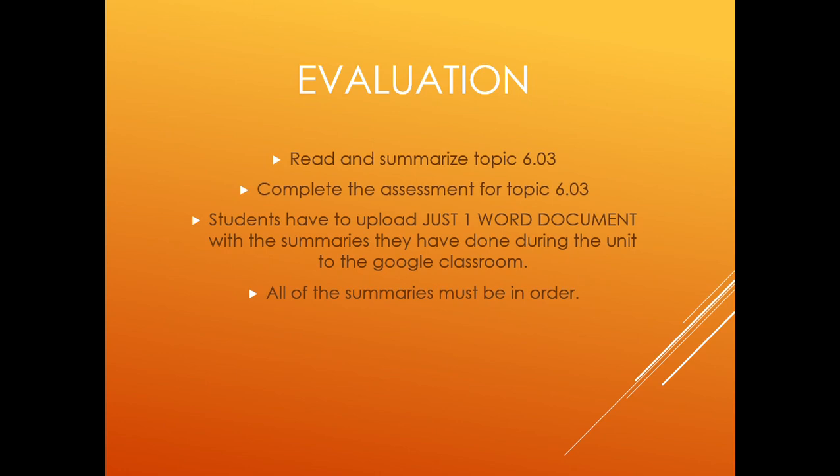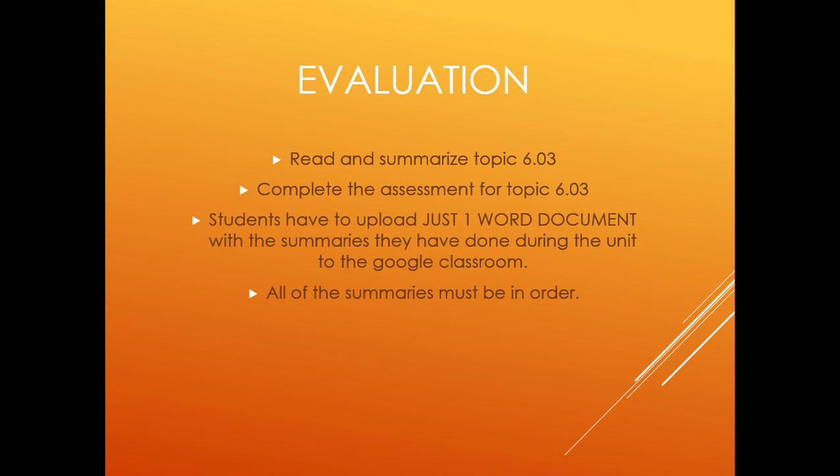The evaluation is: read and summarize topic 6.03. Complete the assessment for topic 6.03. And then students have to upload just one Word document with the summaries they have done during the unit to the Google Classroom. All the summaries must be in order. Today I will open a specific part in Google Classroom so you can upload one Word document only with all of the summaries that you have done so far.